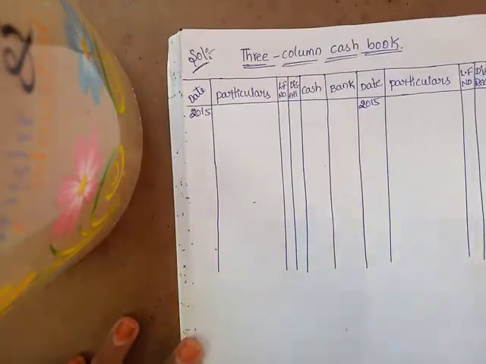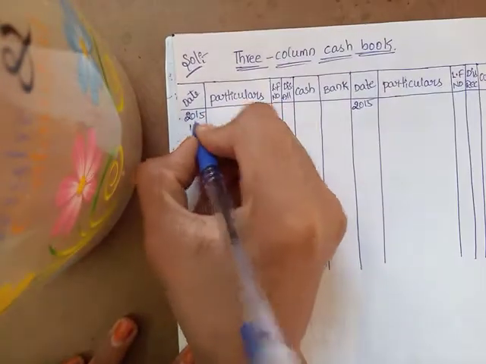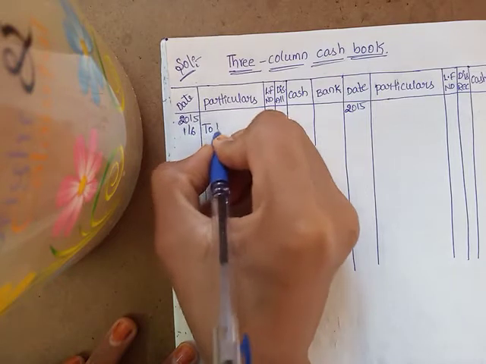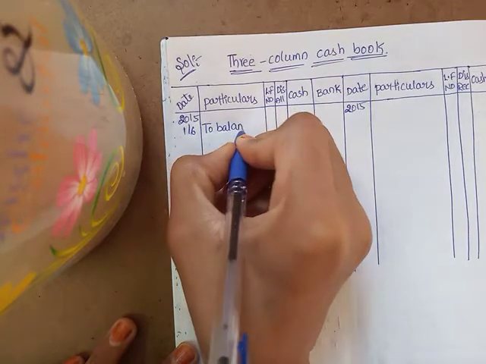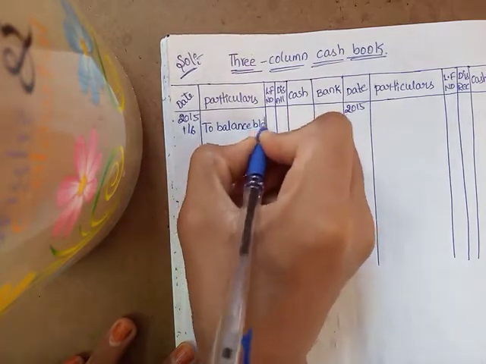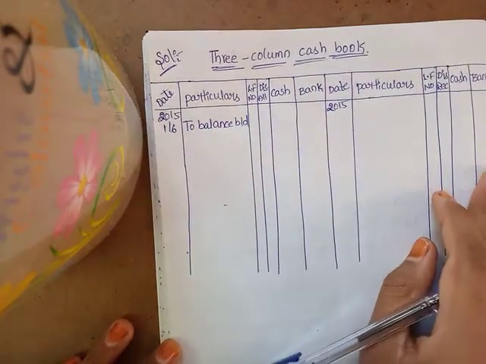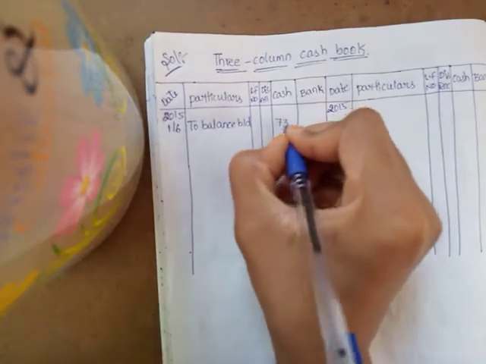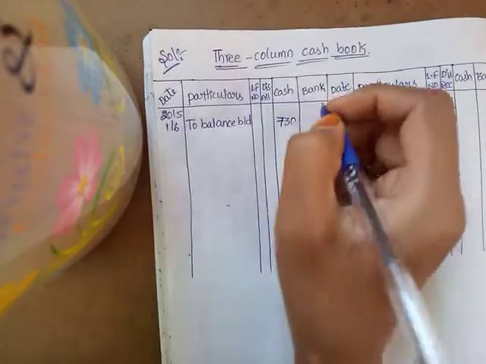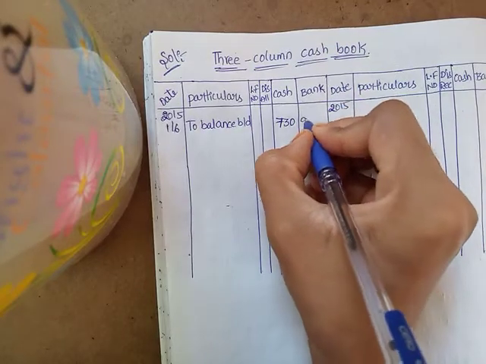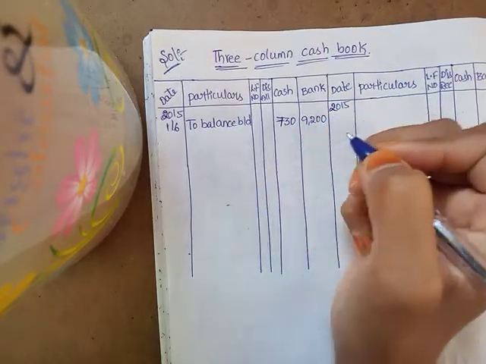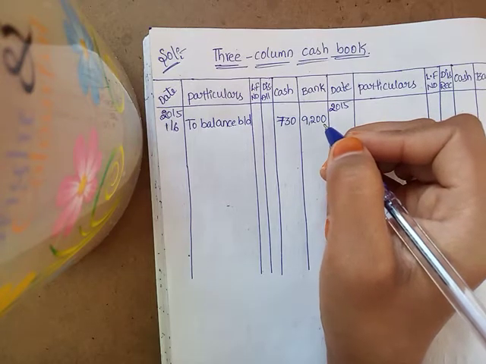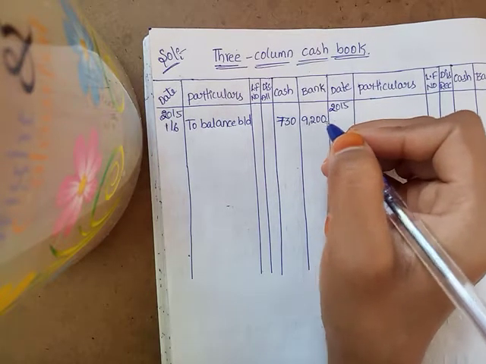So these are the opening balances now. 1st June, to balance brought down. Amount is rupees 730. Balance at bank is 9,200.